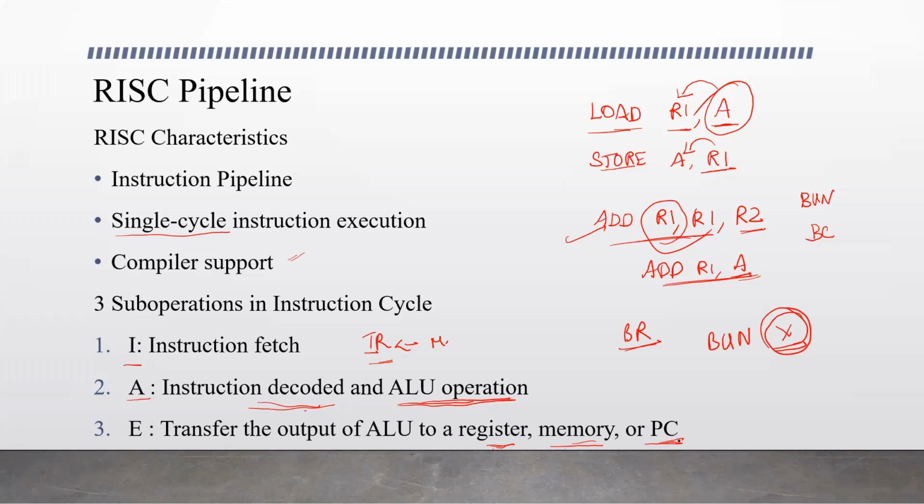When will the data be transferred to PC? In the case of a branch instruction. If it is a branch instruction, the ALU operation is calculating the branching address and transferring it to PC, so that the next instruction fetched will automatically be the instruction addressed by this PC. So these are the sub-operations.